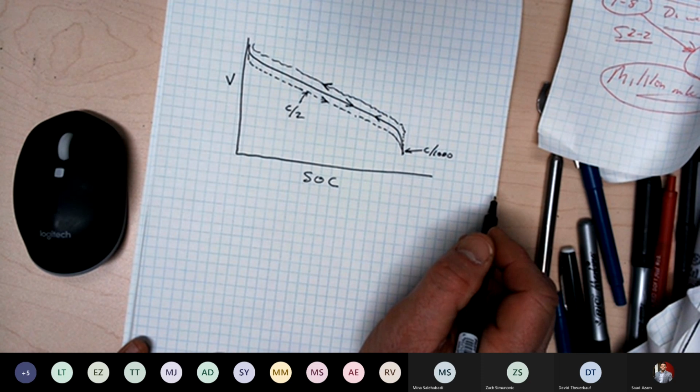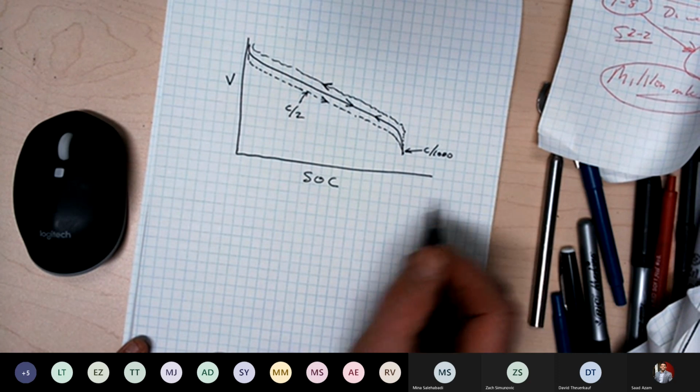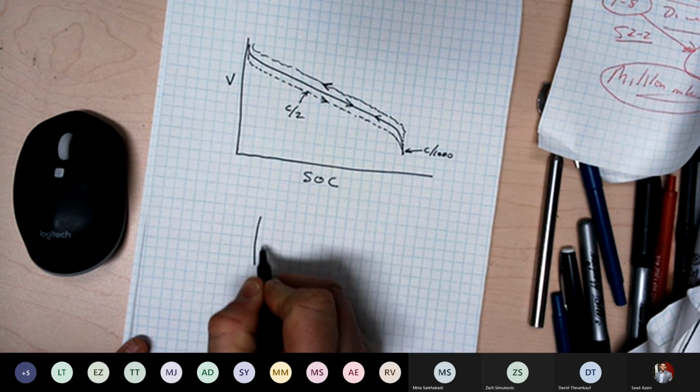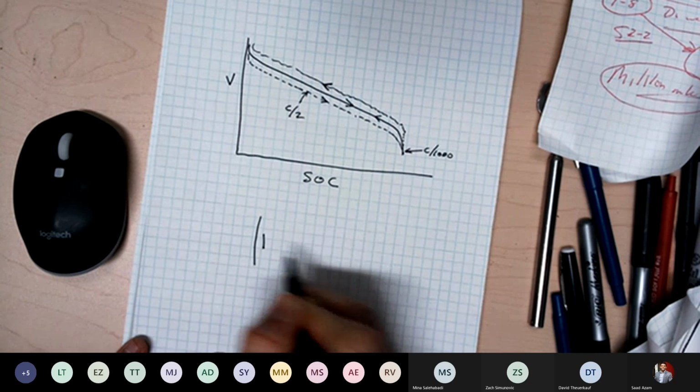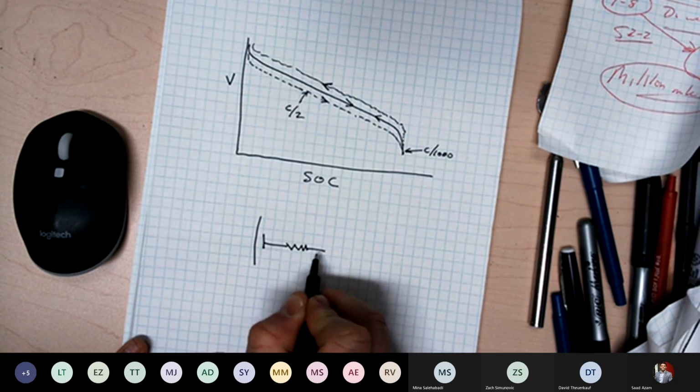And, you know, when you take science in grade 8 or first year physics, we model a battery as an ideal cell with an internal resistance in series.